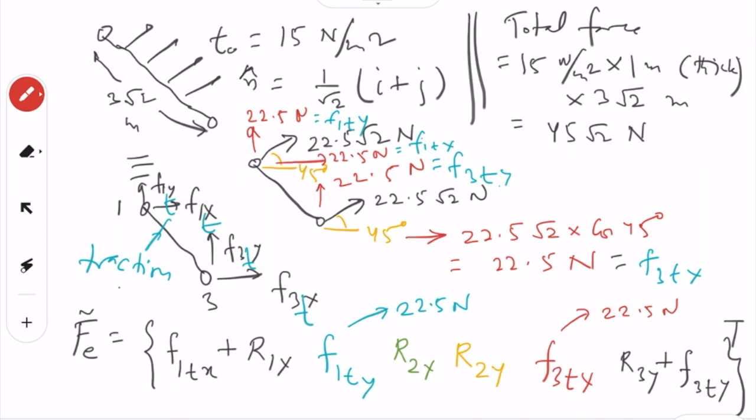Once we have that, the next thing is to find the stiffness matrix.